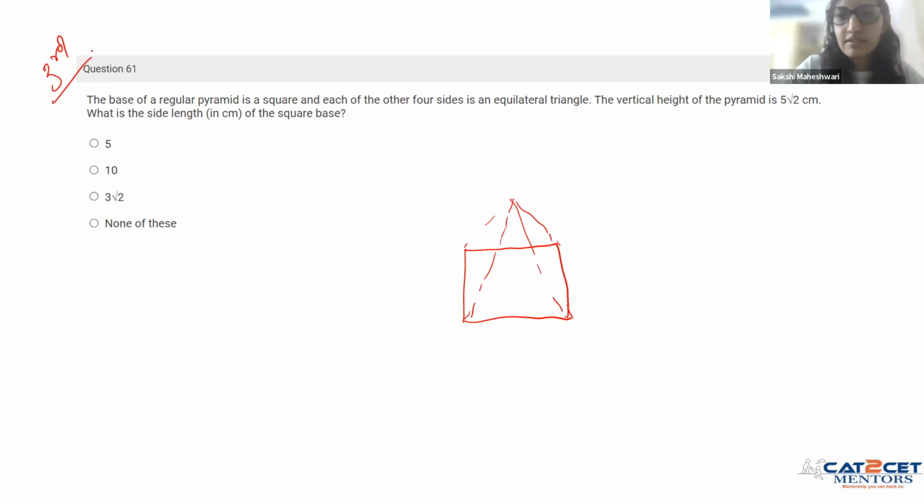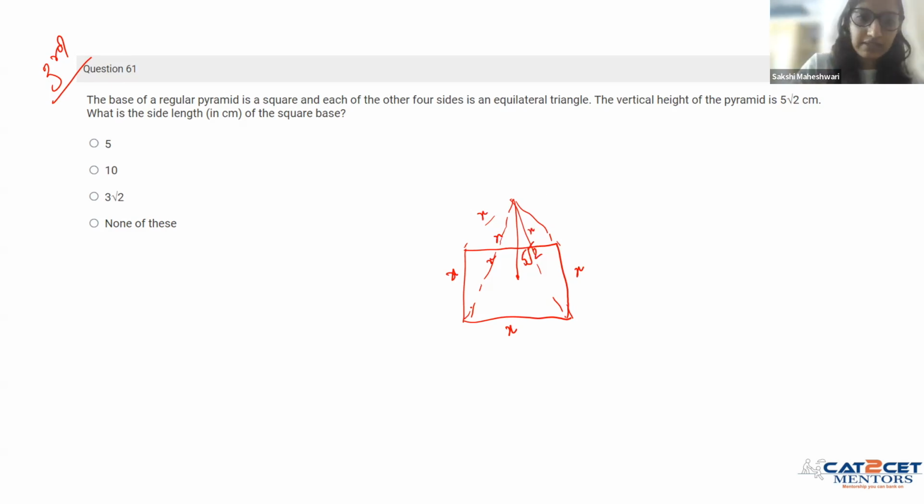The vertical height is given as 5 root 2 and we need to find the side length. So if this is x, x, x, this will also be x, since this is an equilateral triangle.